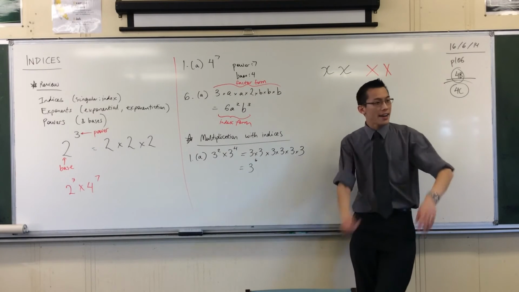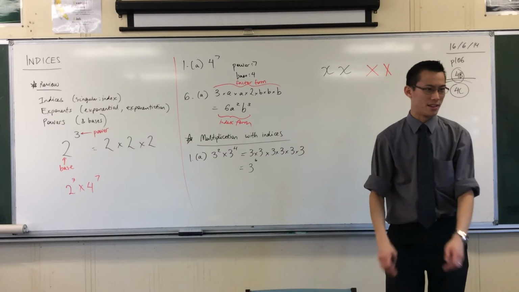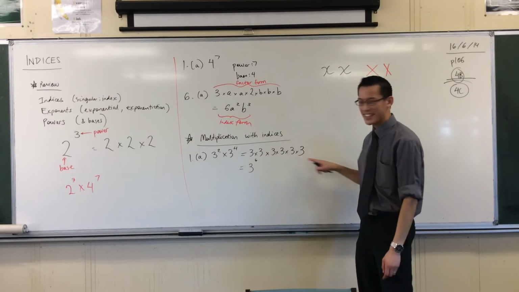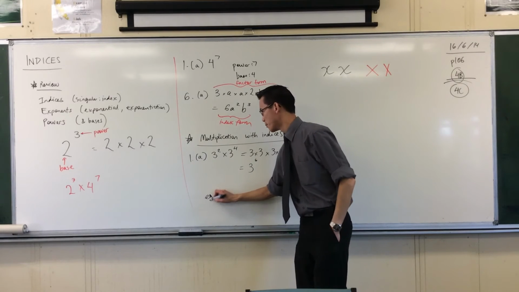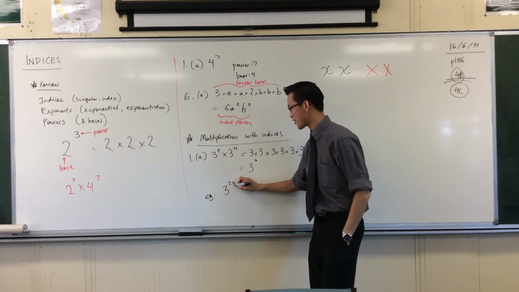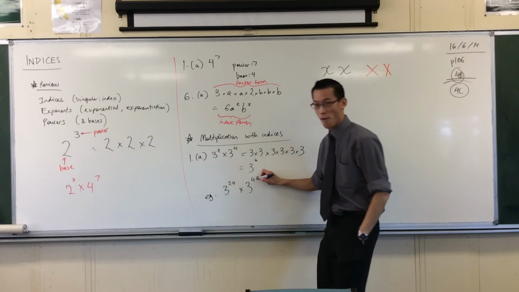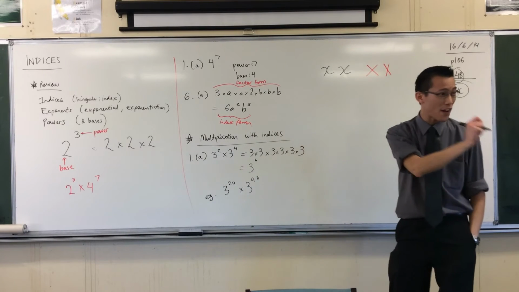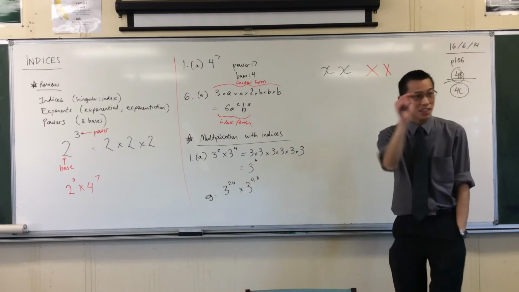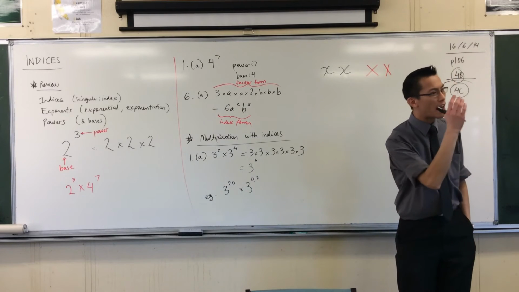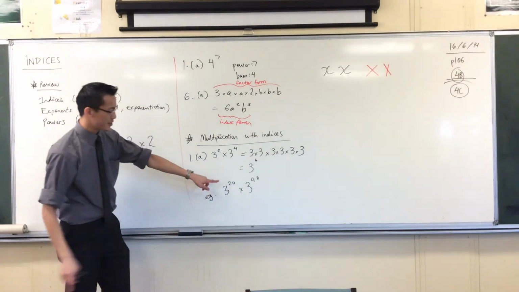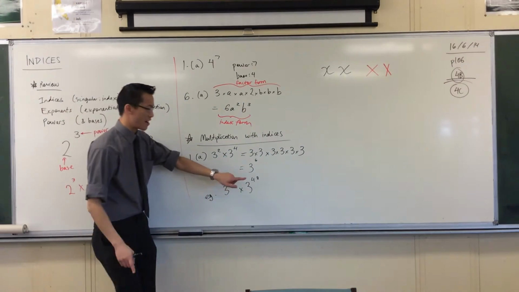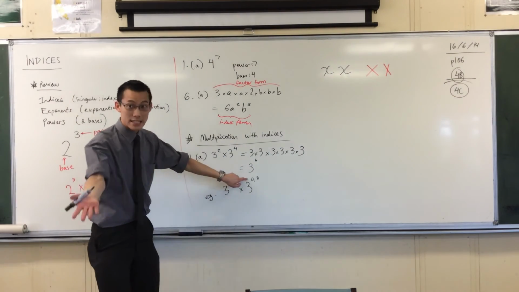Now, there's got to be a faster way than this, right? This takes forever. And it'll take even longer if I made you do 3 to the power of 20 times 3 to the power of 40. You'd be writing 3s for like 5 minutes, and then you'd have to count them all up. How many 3s will there be? You write 20 here, and then another 40, you'll get 60 in total.